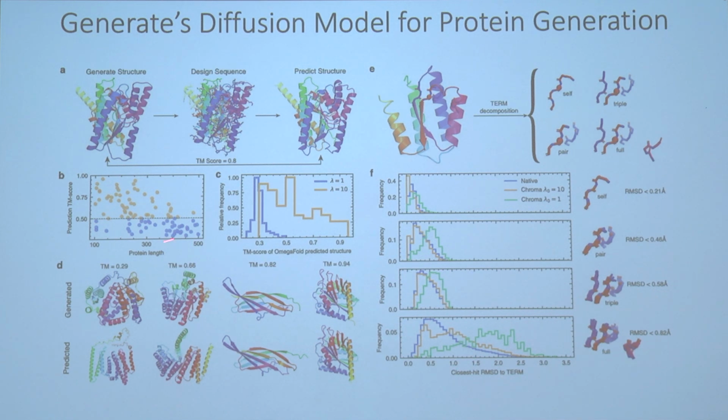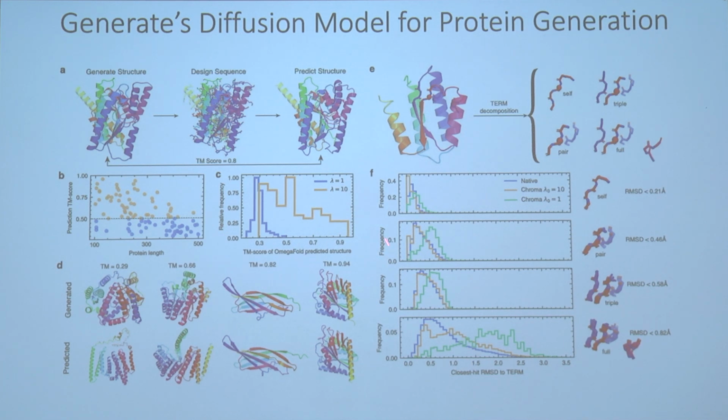So at this point, do we know whether Chroma just generated proteins that wouldn't fold at all, or do we think that this sort of difference or discrepancy between the predicted structure and the generated structure is introduced by the structure prediction step? We don't know, right? We wouldn't know the answer to that. We just know that for most of them, there is some high agreement, and we can sample different lengths.